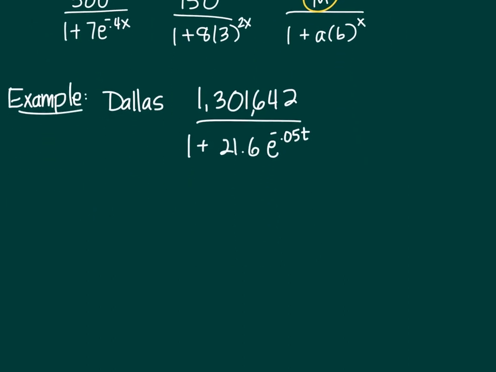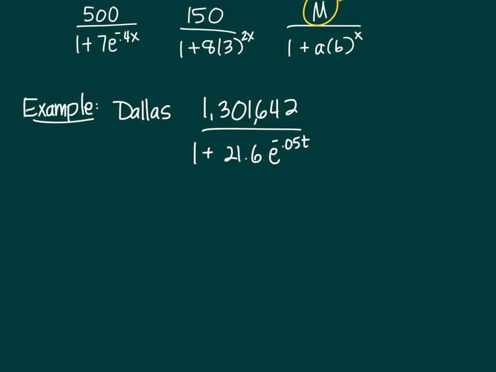This is the city of Dallas, not the suburbs, just the actual city. And they come up with this data all the way back to 1900. They've been gathering data since 1900. You should be able to answer a couple questions from that problem.